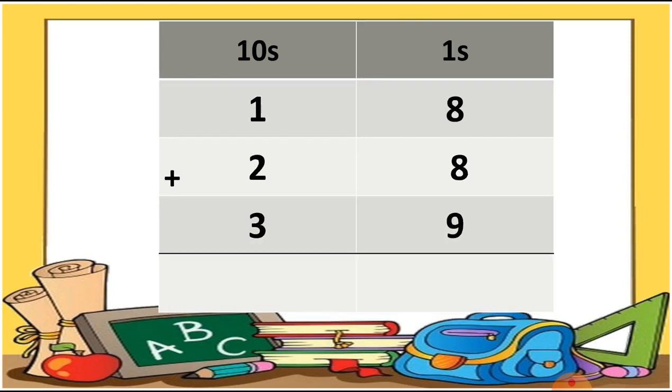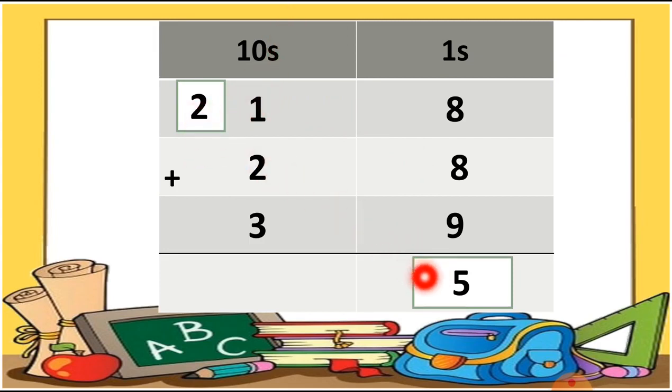Now the next one, the ones column is 8 plus 8 plus 9. So here our answer is 25. In this 25, number 5 is at the ones place, so we can write this 5 under the ones column, and number 2 will move as a carry forward number to the tens column.